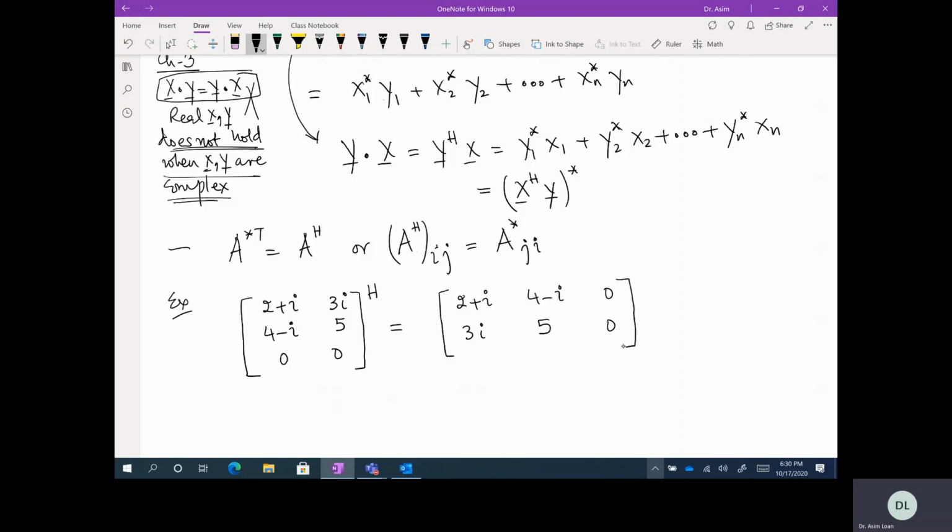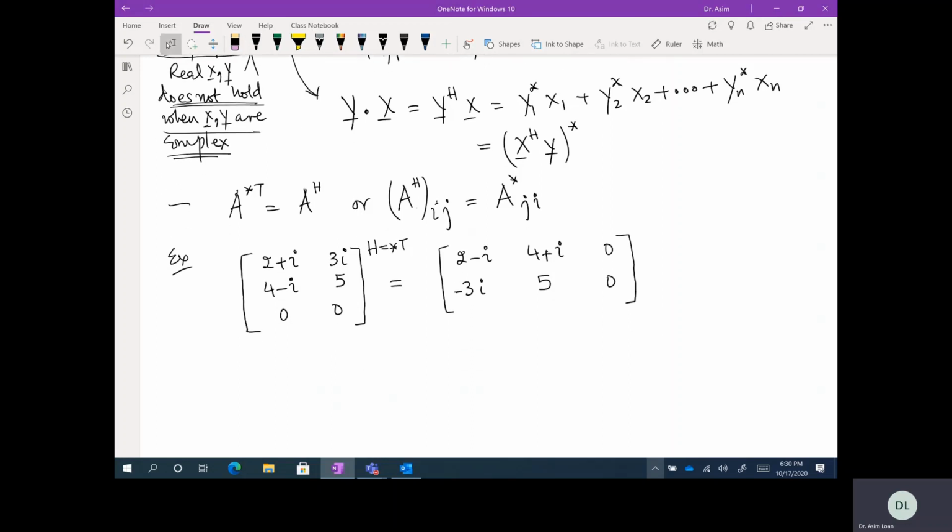This is the transpose. And when I do conjugate, this becomes a minus, this becomes a plus, and this becomes a minus. So when you do H, which is conjugate transpose, either do conjugate first or transpose first, it will make no difference. So this is what you get when you do transpose and then conjugate.